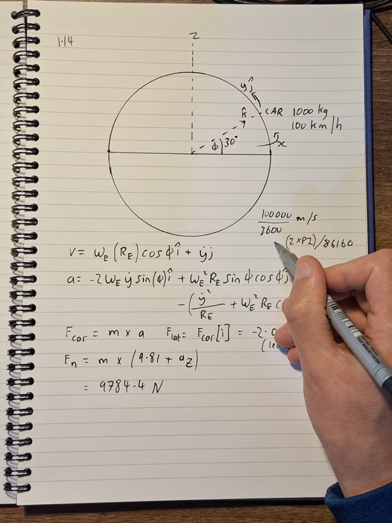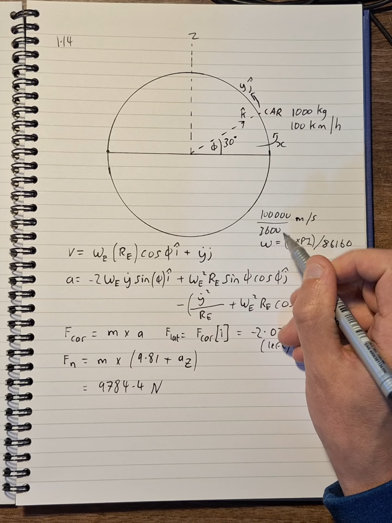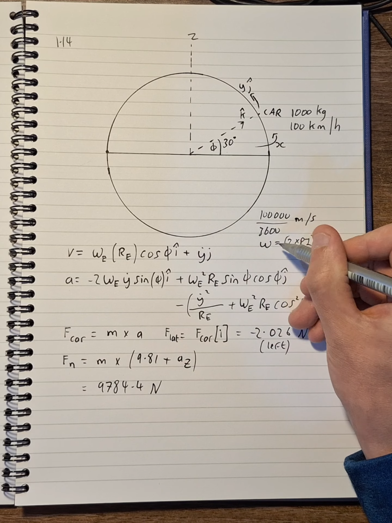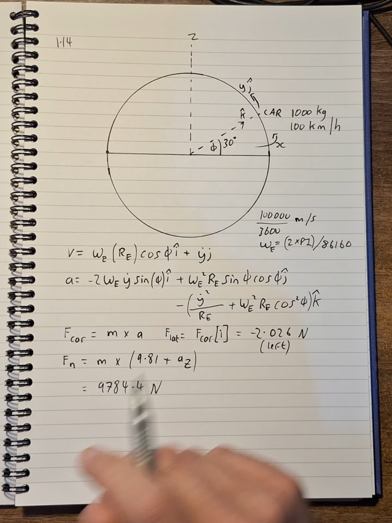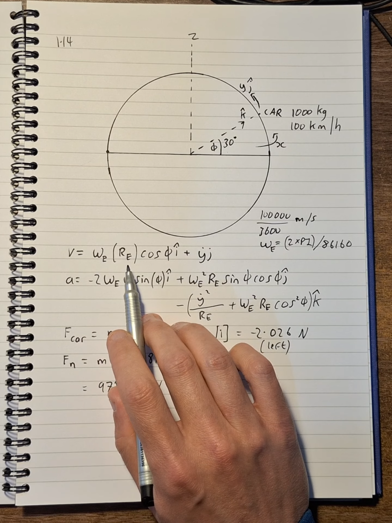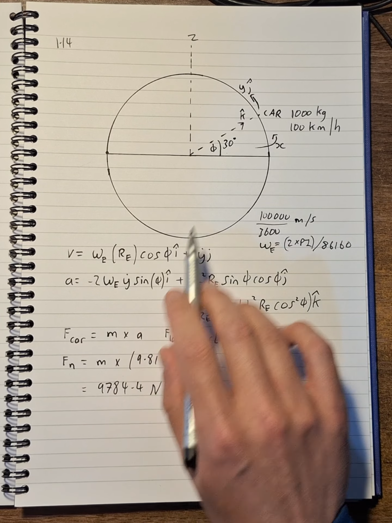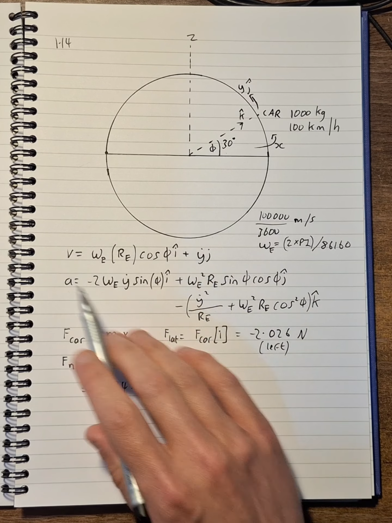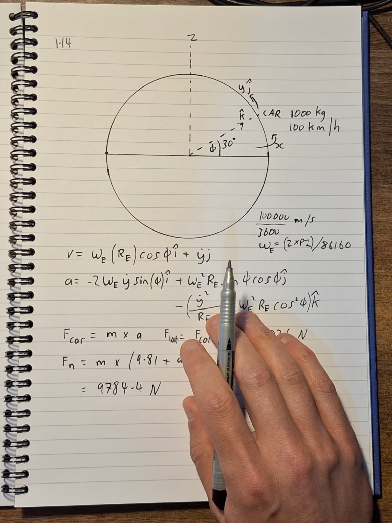So that's what that is. So we know this, we know the radius of the Earth, and we know phi is 30 degrees, and we know the velocity, so we can plug that in, we can get the velocity.